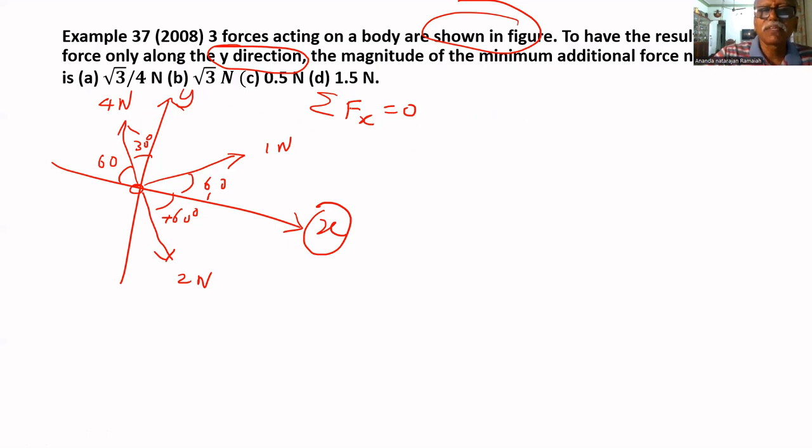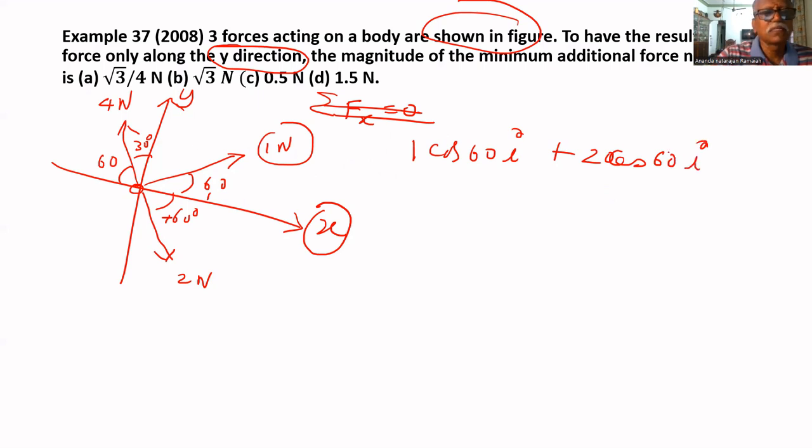What is the sum of x direction forces? It is equal to 1 Newton, 1 cos 60 in plus I direction. Then this is also along x direction, plus 2 cos 60 along I direction.